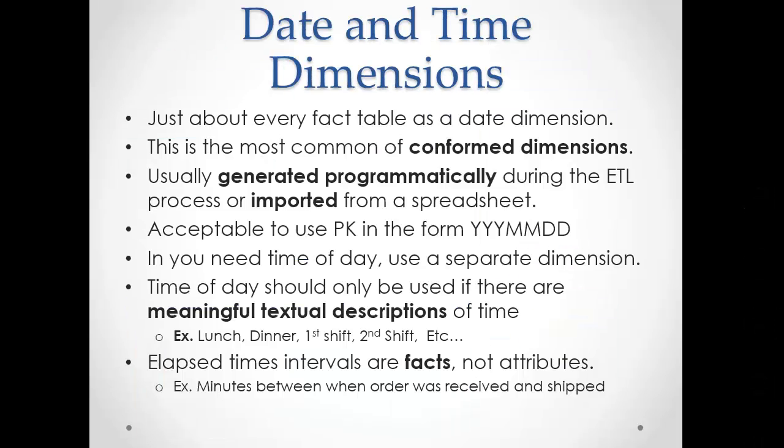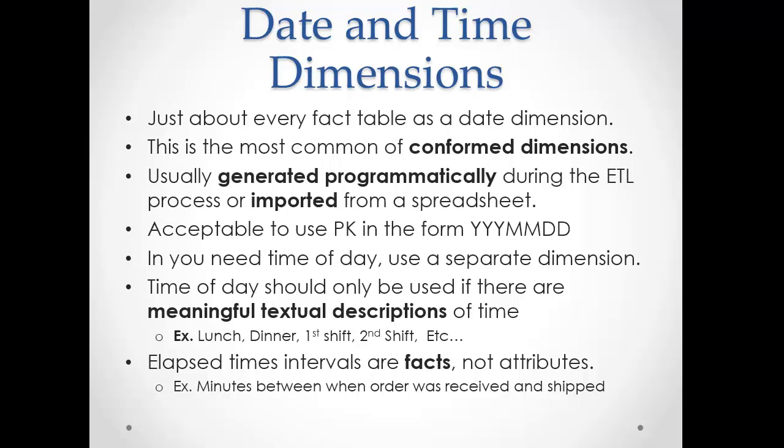Let's talk about the most common conformed dimension out there, known as the date and time dimensions. Generally speaking, as an implementation standpoint, you might make a date dimension, and then you might also make a time dimension, but you generally would not make a date and time dimension as one thing. You make those separate. So the date dimension is a conformed dimension.